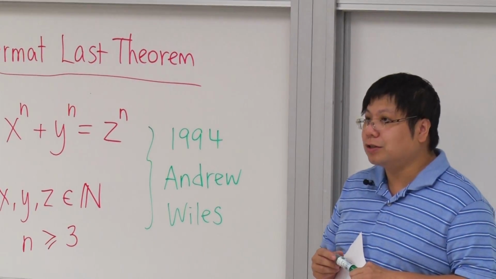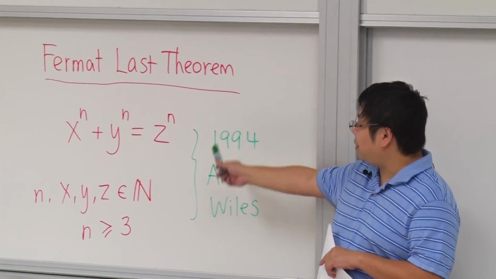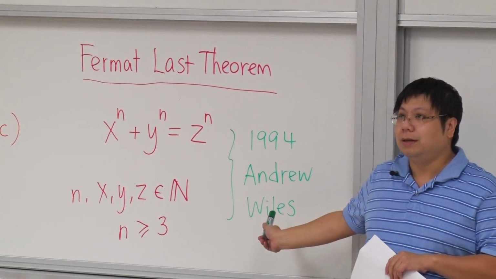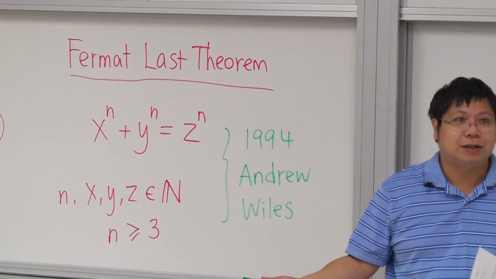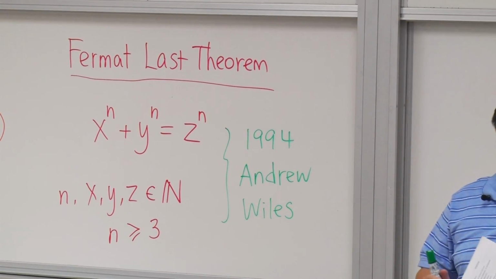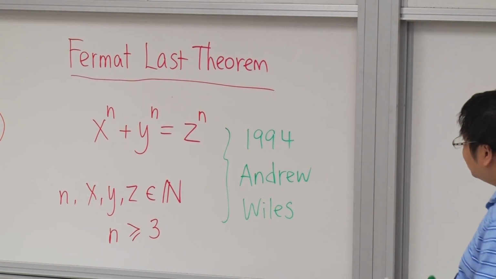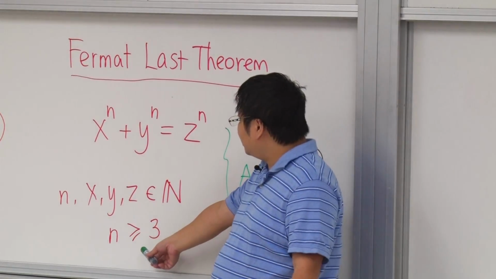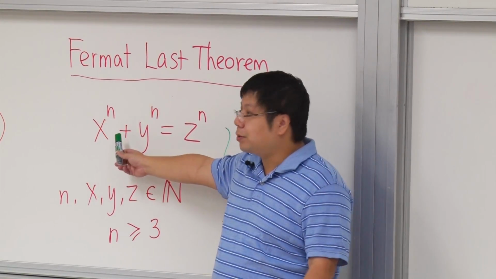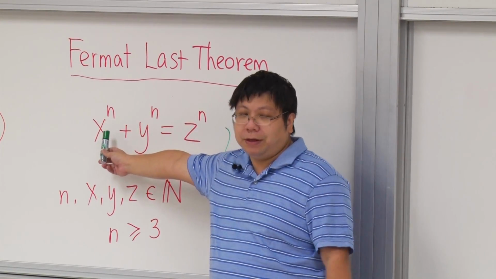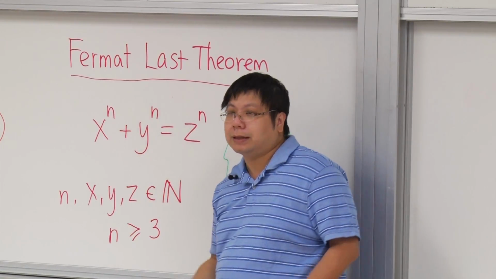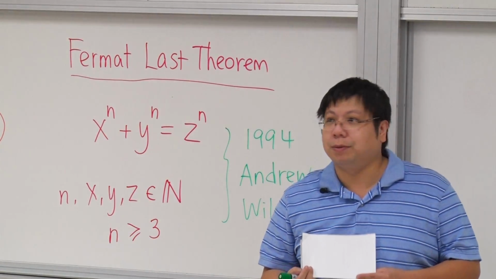He combined a lot of the latest mathematics techniques at that time and showed that it is impossible. Okay, so now this problem is really solved. So when n is greater than or equal to 3, there will be no positive integral solution x, y, z that satisfies x to the power n plus y to the power n is equal to z to the power n.